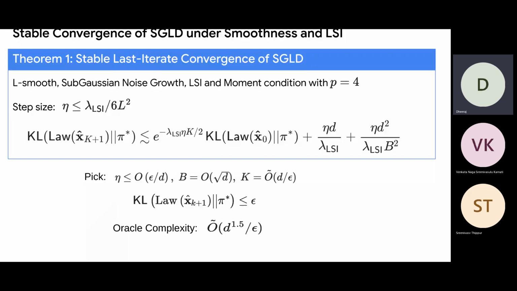The first term shows how it forgets the memory of the initial iteration. That is, it decays the KL of the initial iteration exponentially fast. The second term is the bias from discretizing a stochastic differential equation. And the third part is eta d squared over lambda LSI, which is actually the noise introduced by us by using stochastic approximation.